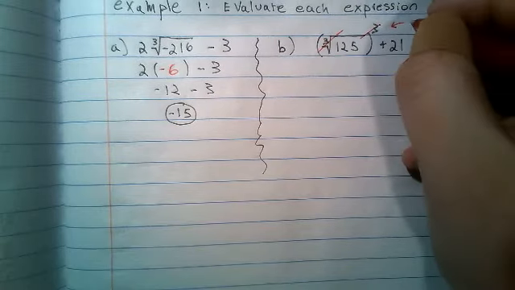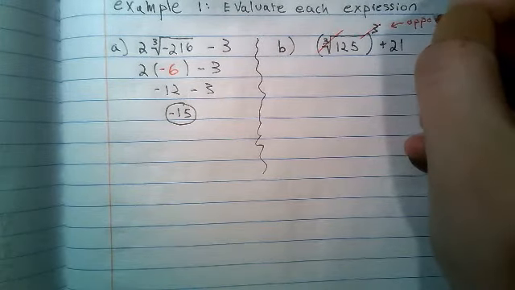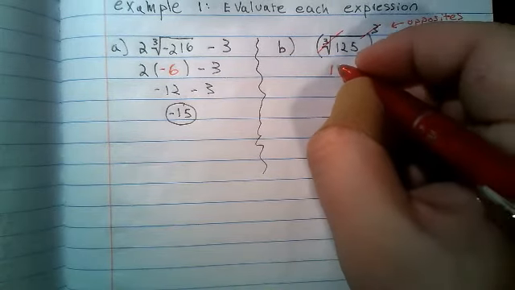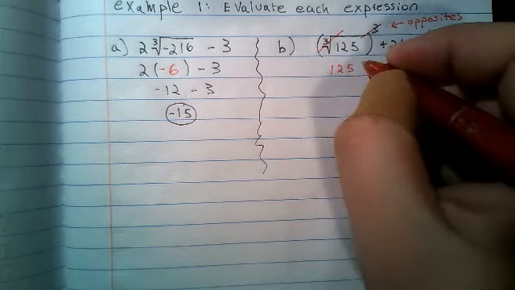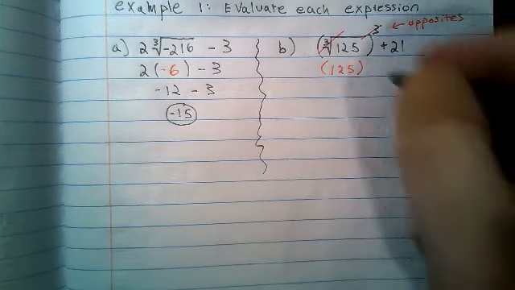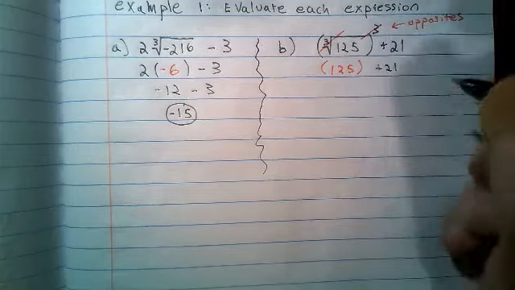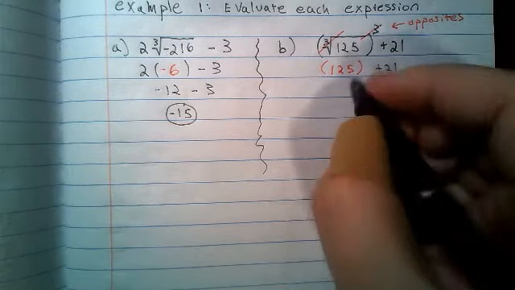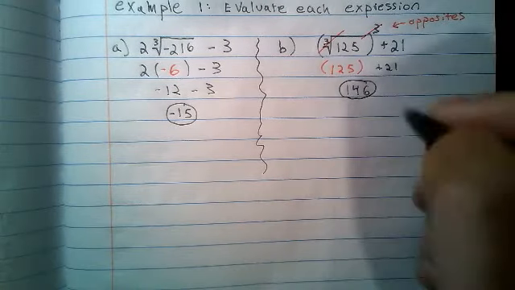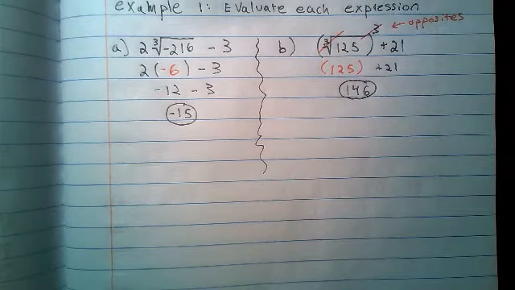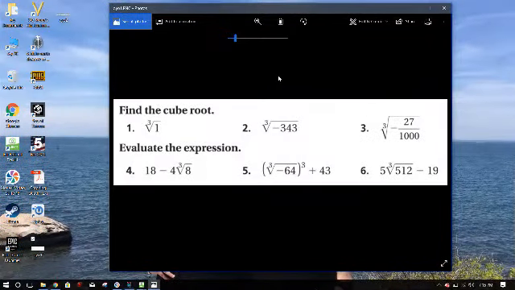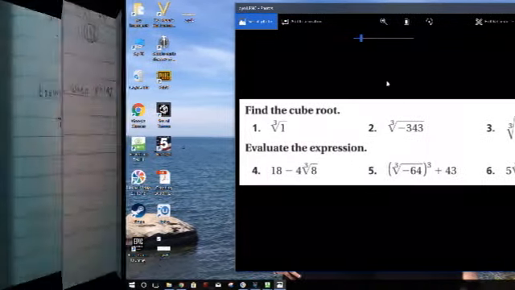I want you to write that in. So now I just have 125 left. Plus 21. And 125 plus 21 is 146.